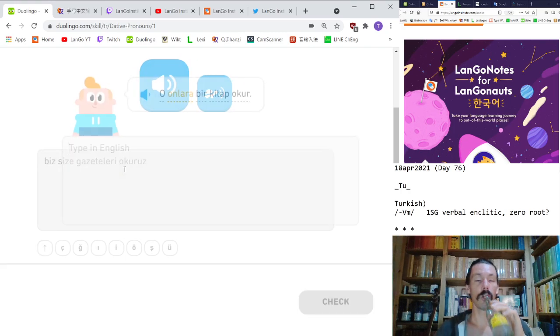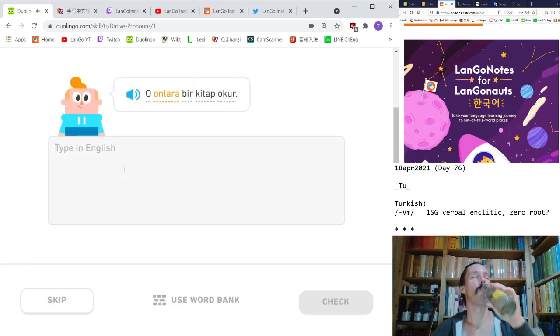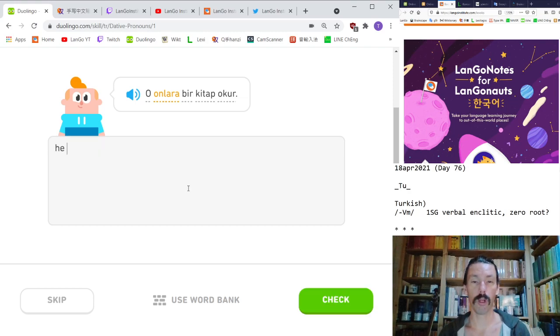O onlara bir kitap okur. O onlara, two separate words. Bir kitap okur, one book, but not accusative. O is the singular, he or she. To them, onlara. A book reads to them.